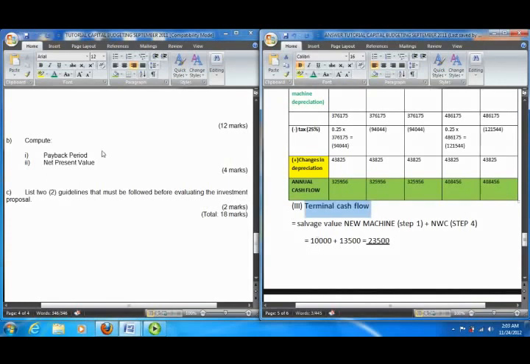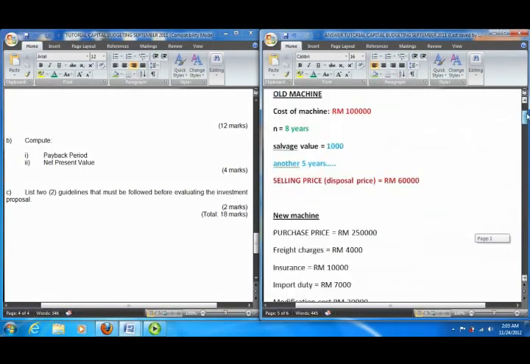All these answers will be substituted into these two computations, payback period and net present value. Alright, we continue to the next tutorial session, capital budgeting part 2, how to calculate payback period and how to calculate net present value. Alright, that's all for today. Thank you.